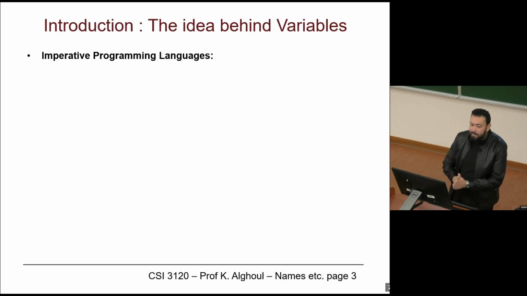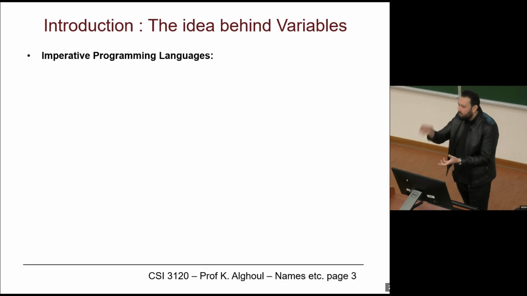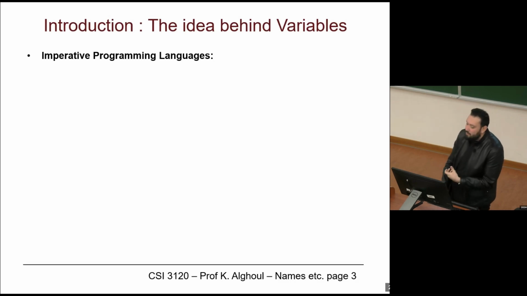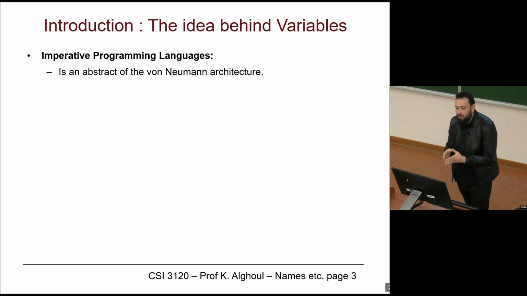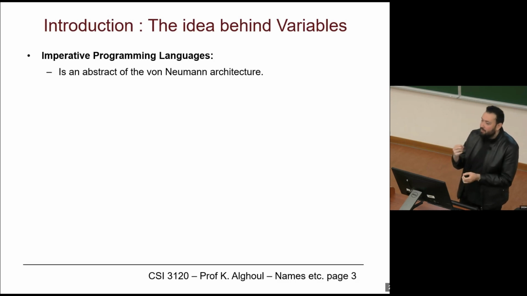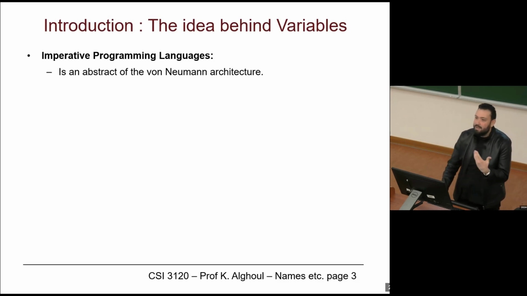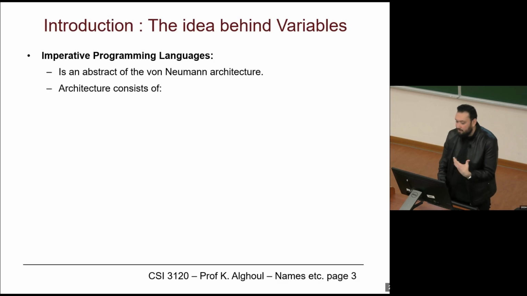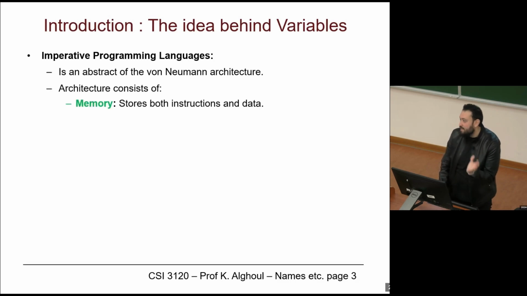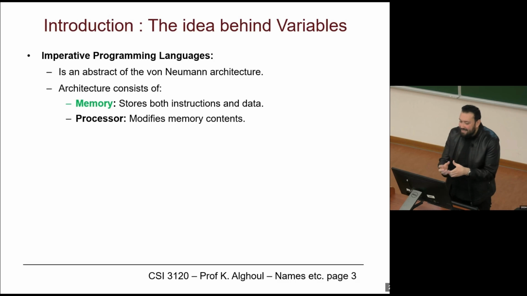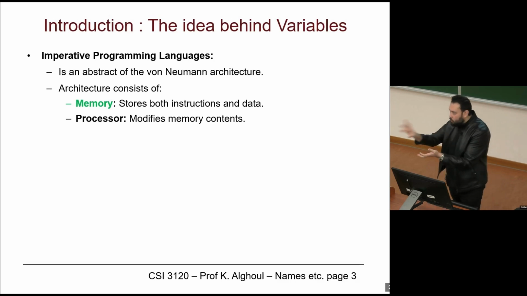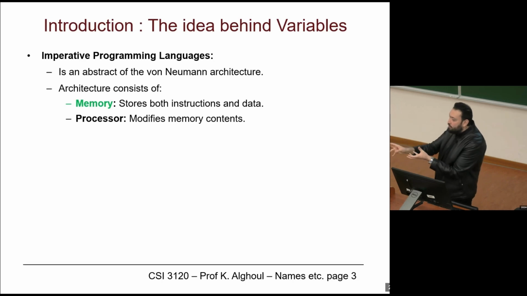We said, what is an imperative programming language? It's based on what? From the first lecture, we said it's based on the abstraction of the von Neumann architecture. Who remembers a bit what this architecture consists of? Memory and processor. So the idea of the imperative programming language is that we have a memory, we store variables in the memory, and then the processor manipulates them.